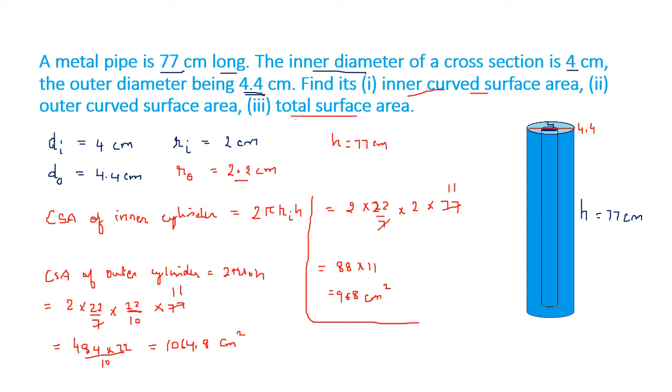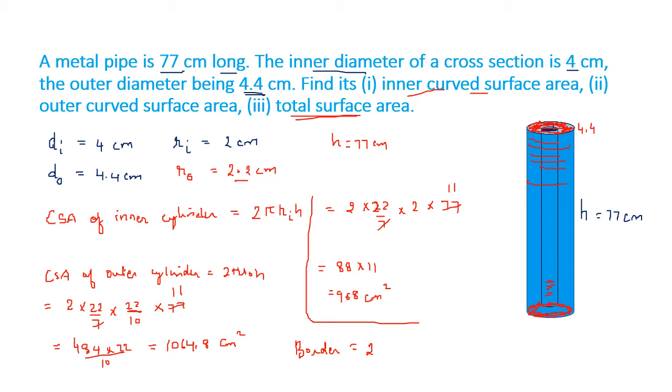Now total surface area you will see is the outer plus the inner, but there is also one border which you have to find out, because there is one border on the top and one border at the bottom. I'll write two times, because one's at the top and one's at the bottom.